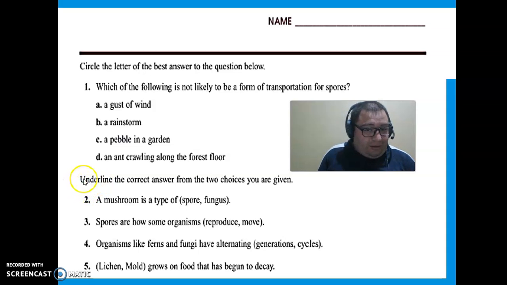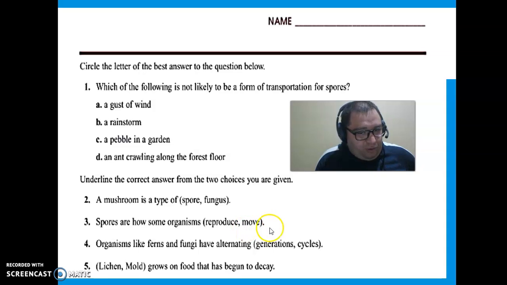Underline the correct answer for the two choices you are given. A mushroom is a type of spore or fungus. Spores are how some organisms reproduce or move. You're going to choose only one, reproduce or move. Super easy. Organisms like ferns and fungi have alternating generations or cycles.